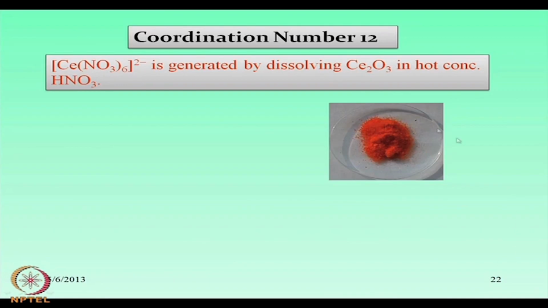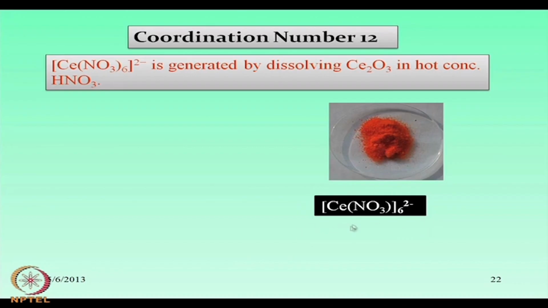It is a beautiful red colored compound, a red powder, which is shown here on a petri dish, and this red colored compound can be obtained this way, and this ammonium salt also looks like this.